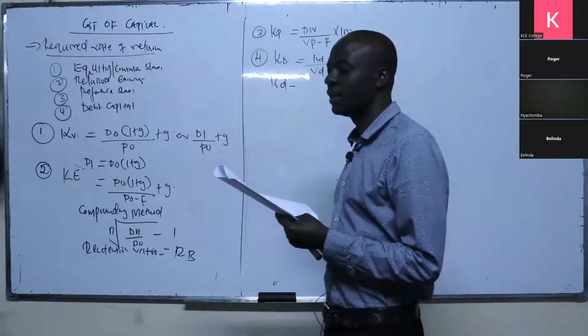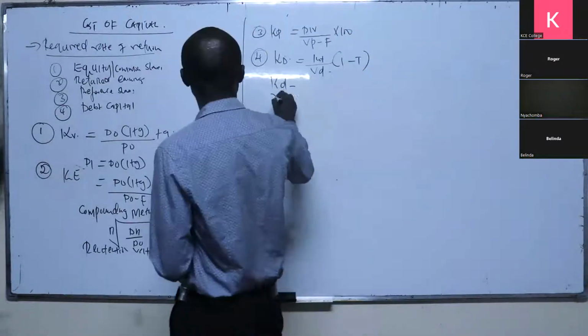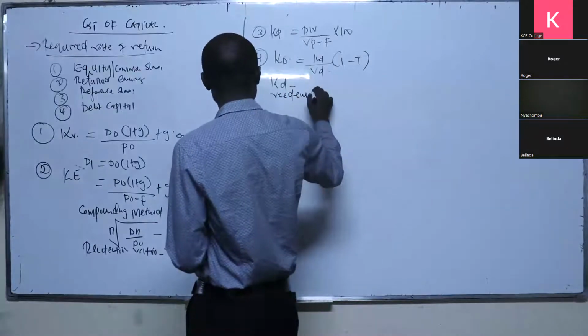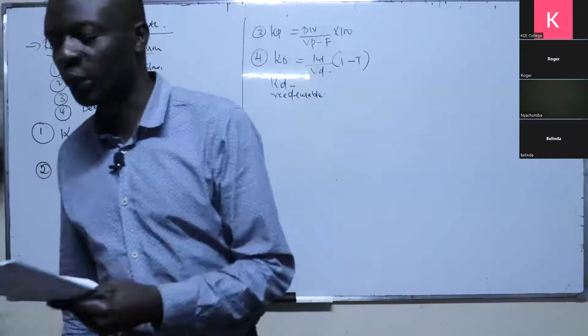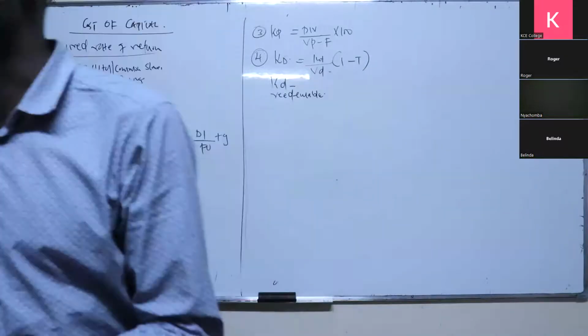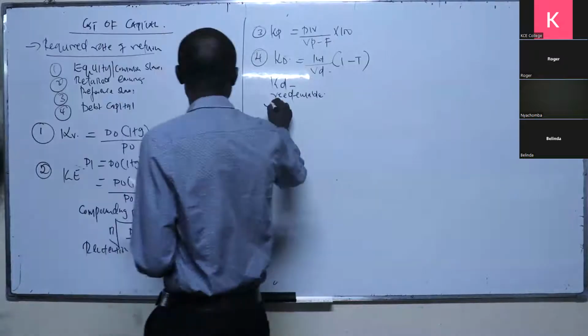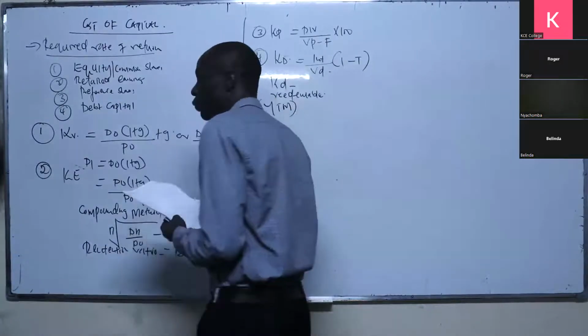VD is the value. Redeemable means it has a definite period of maturity. Sometimes they call it yield to maturity.